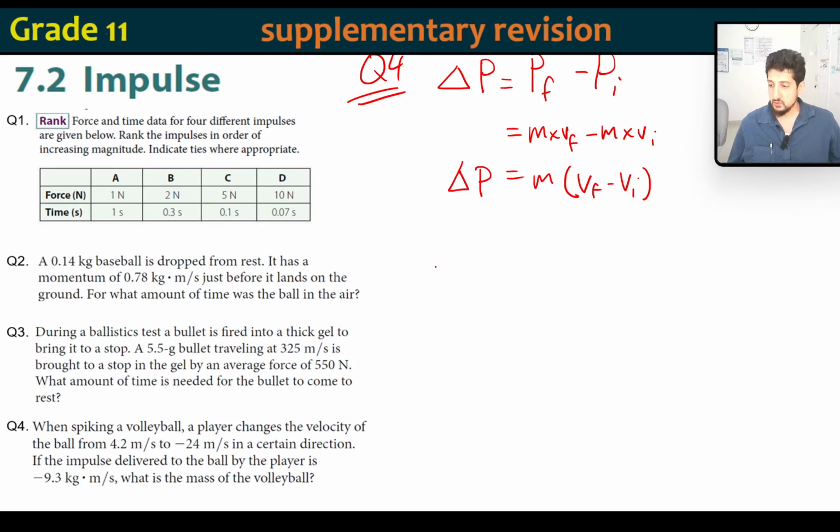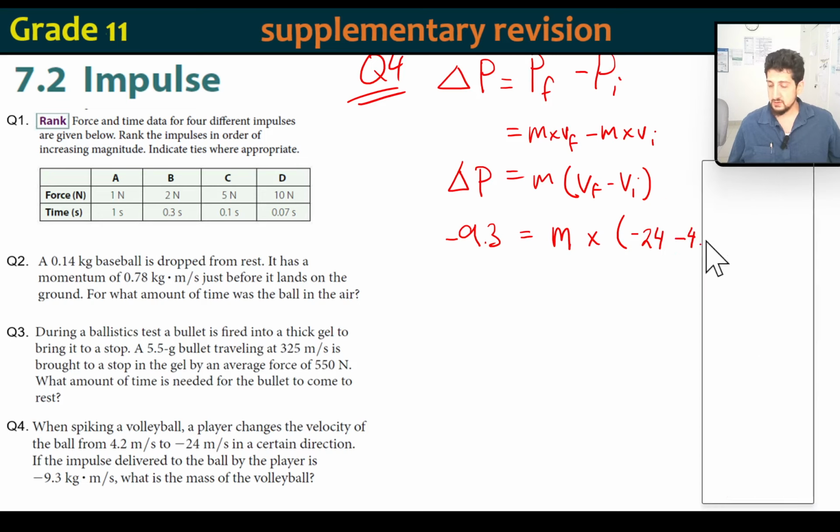Okay, so what do we have? We have change in momentum, and we have the velocity. So we have negative 9.3 equal to mass multiplied by the final velocity, which is negative 24, minus 4.2.